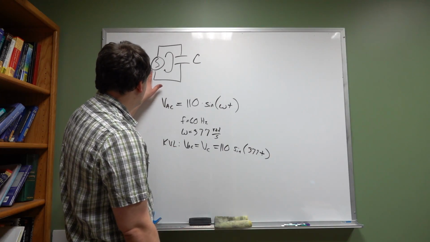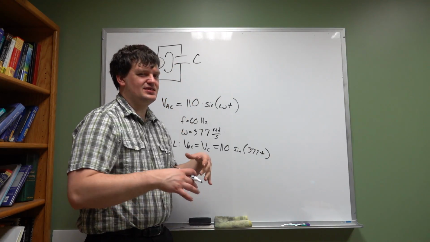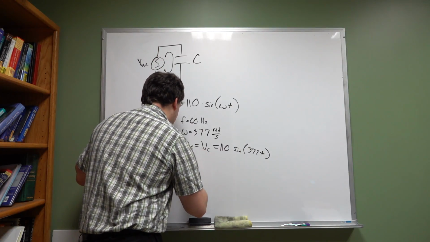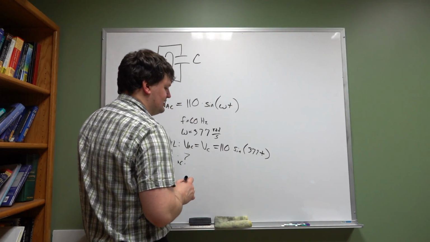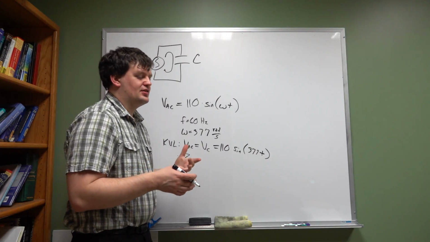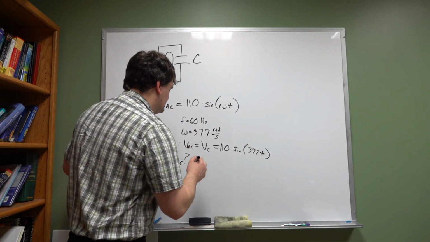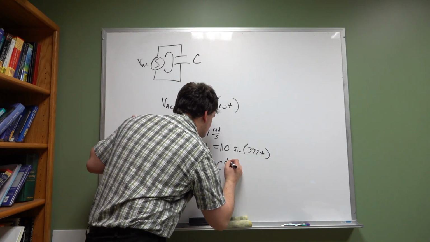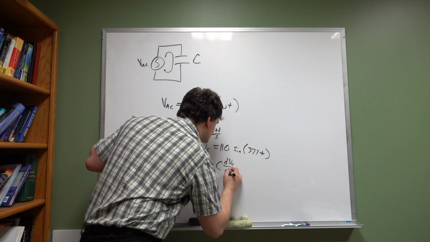But the thing that we need to consider now is, let's say we're trying to figure out the current through this capacitor. What is IC? Well, we know that the current through the capacitor is given by IC equals C dVc/dt.